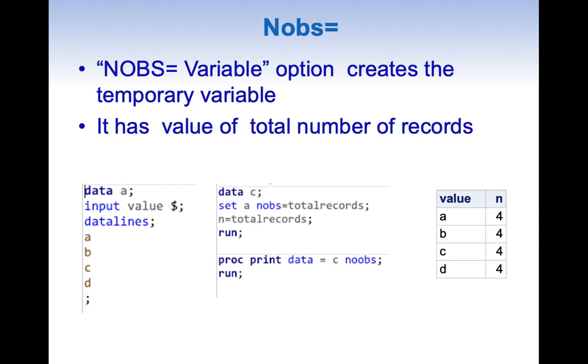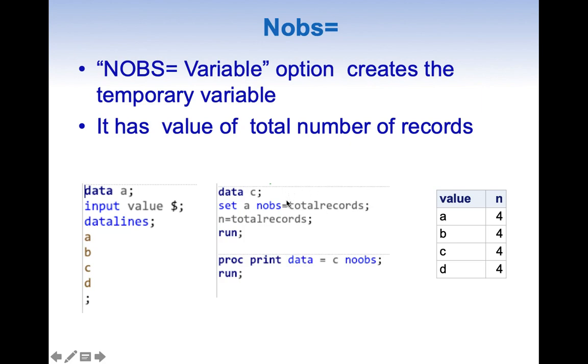Now let's try to understand what the NOBS= variable option is. The NOBS= temporary variable option creates a temporary variable. It has the value of the total number of records. Now let us try to understand again through an example. Here we have the same data set, and what we are trying to do is capture NOBS= total records.